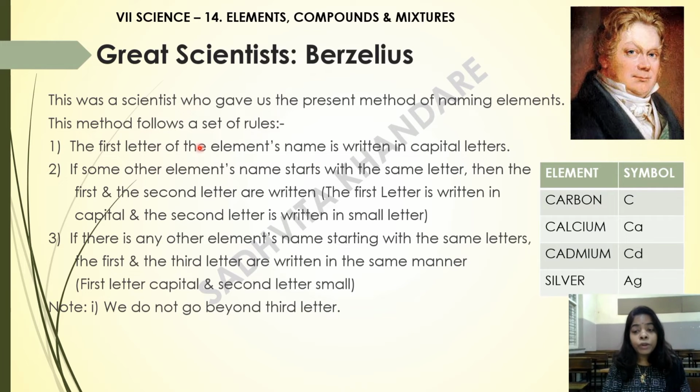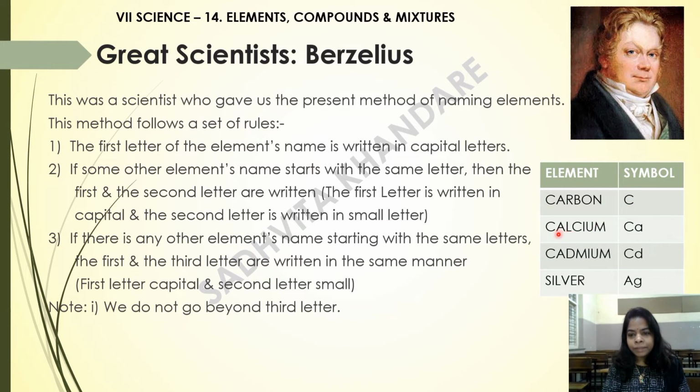He gave us the following rules. The first letter of the element's name is written in capital. See, if it is carbon, don't give any symbol, write C for carbon. If some other element's name starts with the same letter, then the first and the second letter are written. The first letter is written in capital and the second letter in small.